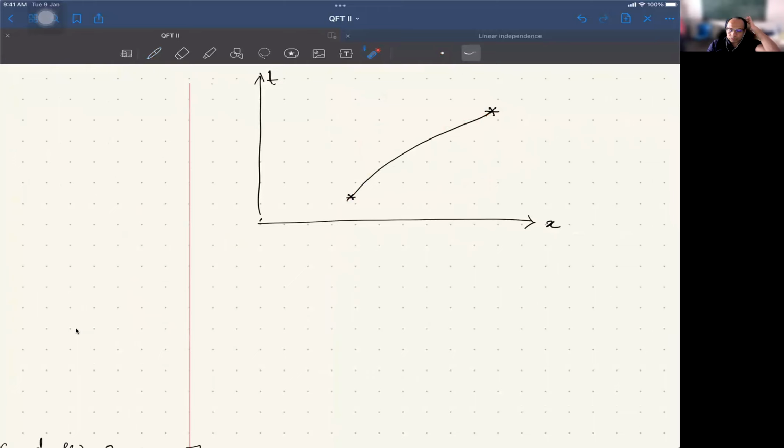Now, if this is your classical path, say x lower bar, then you could always write x(t) as x lower bar(t) plus y(t), and then you think of the average position of y to be identically 0.